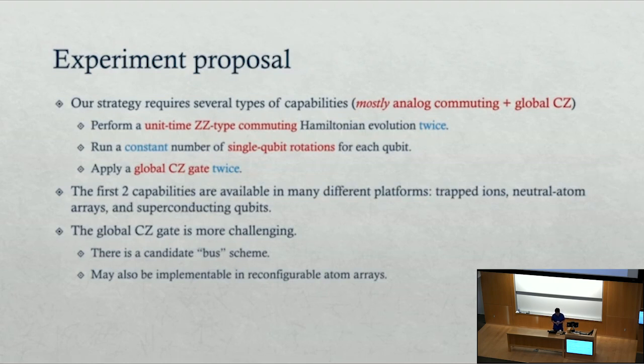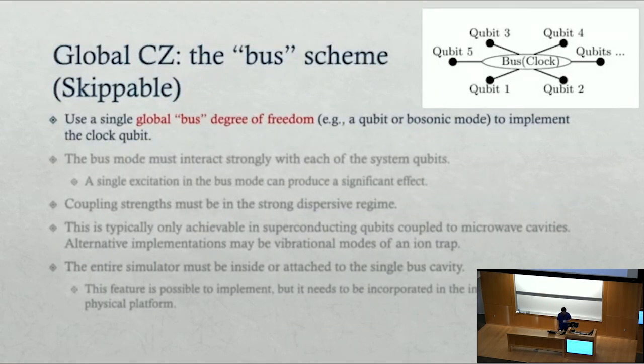One scheme is called the boson scheme, and we also noticed that there's a strategy that you can apply in reconfigurable atom arrays to implement this global CZ gate. Basically, the boson scheme is that you have a boson degree of freedom in the center that is coupled to all the system qubits, and this will enable us to implement some global CZ interaction.